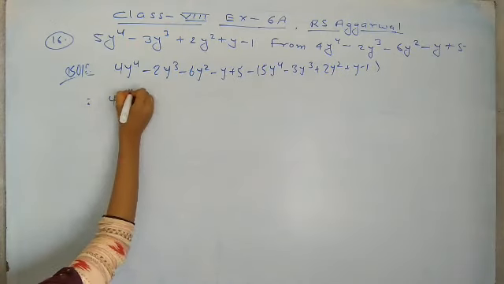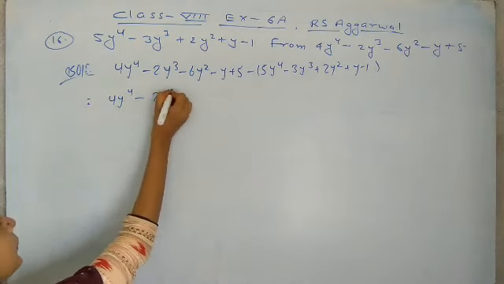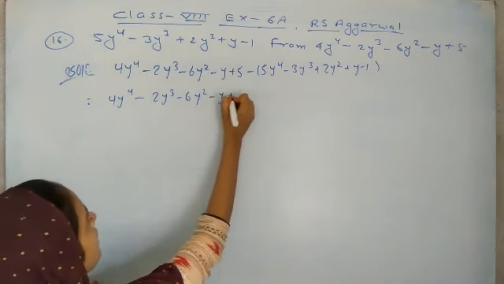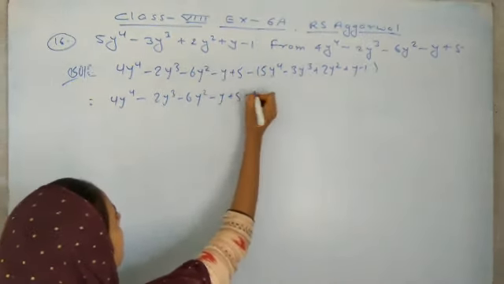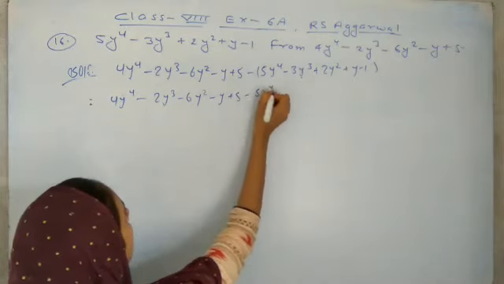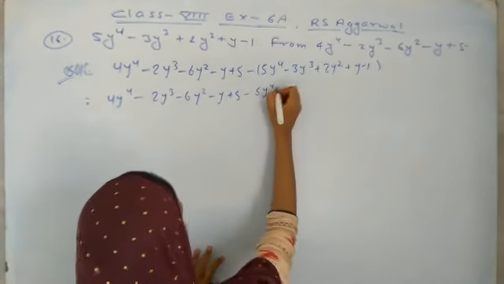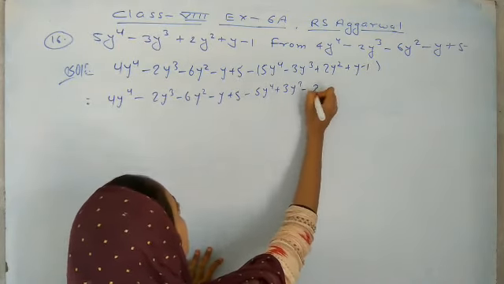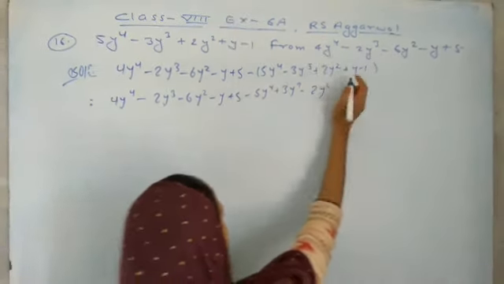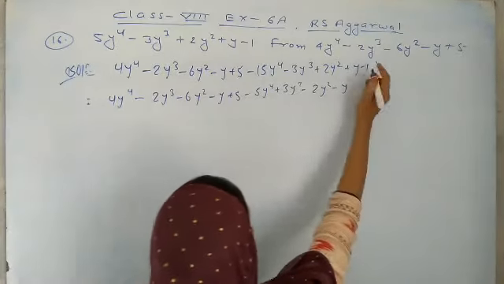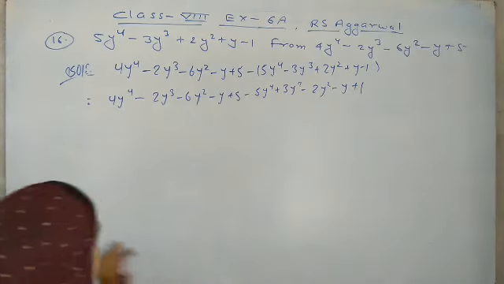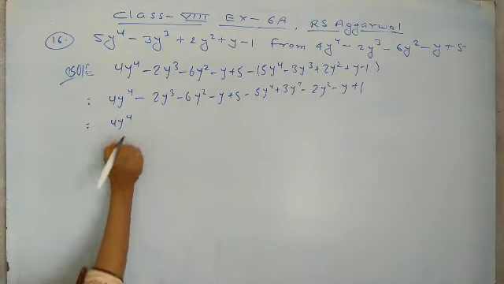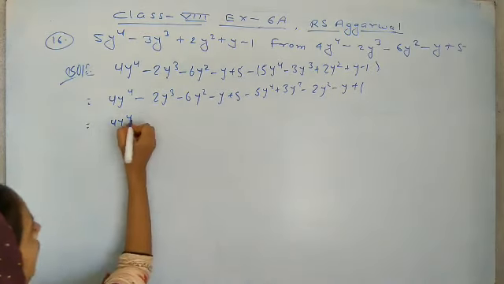4y power 4 minus 2y cube minus 6y square minus 5 plus 5, minus plus minus 5y power 4, minus minus plus 3y cube, minus plus minus 2y square, minus plus minus y, minus minus plus 1. Now we will write them in like terms. 4y to the power 4 and here is minus 5y to the power 4.